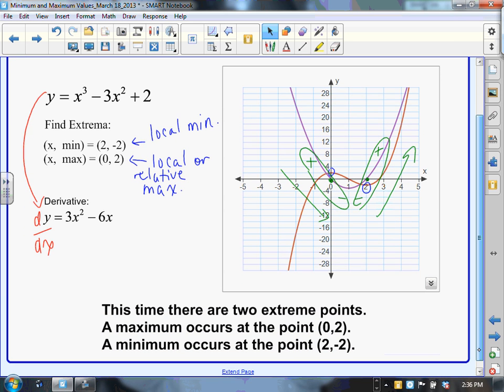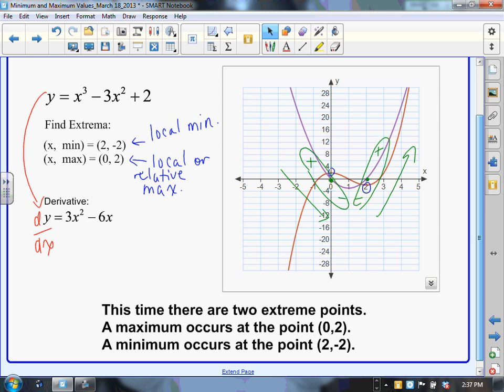We're not going to formally define this in words using notation like we did for the absolutes, but I do want you to know that the visual you have in front of you is a way of defining how to find those local maxes and local mins.